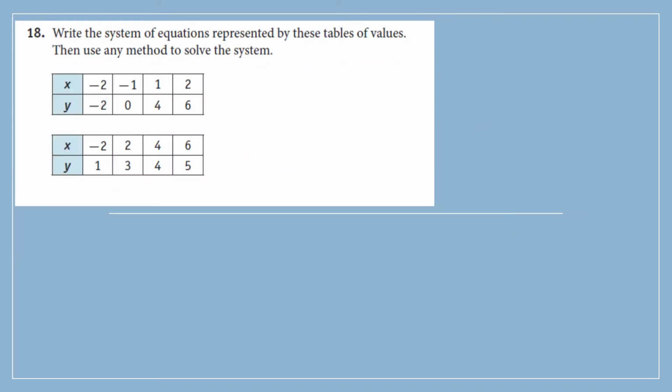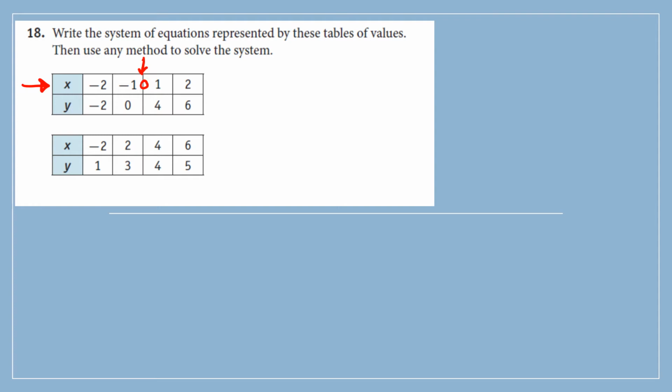All right, so we're going to write a system of equations. Now, it's important to note that we always are using y equals mx plus b a lot here for our graphing. And then when we have to write an equation, we can't just assume that we have a y-intercept. In order to have a y-intercept, the value of x has to be 0, and it isn't anywhere. So we'd have to figure out, if x was 0, what would y be?